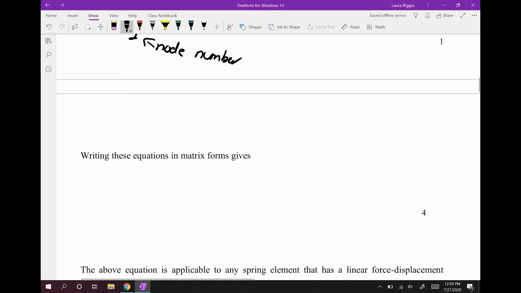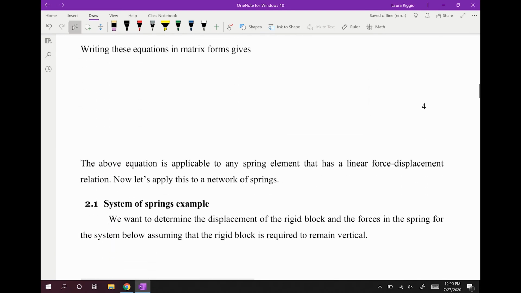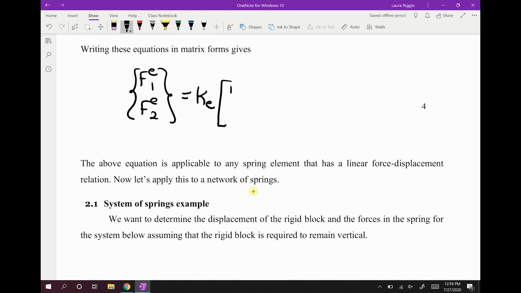So I have these two equations, and I can put them in matrix form, which gives us that our forces at our two ends are equal to our spring constant times the matrix [1, -1; -1, 1] times our nodal displacements.